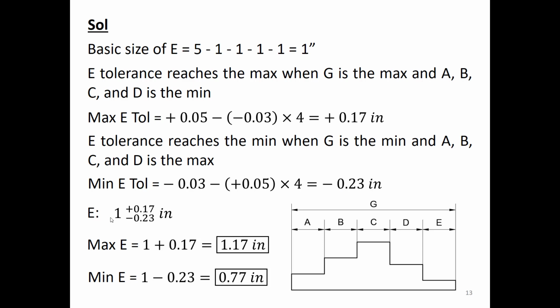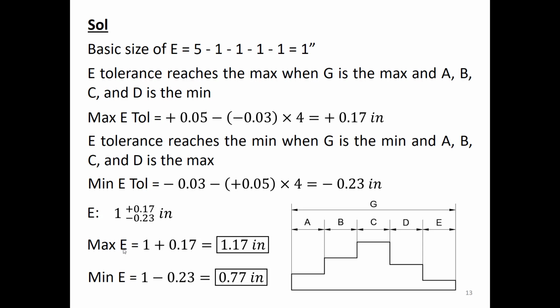The dimension of E is going to be the basic dimension I calculated from here, plus the upper tolerance, which is here, and the lower tolerance, which is here.